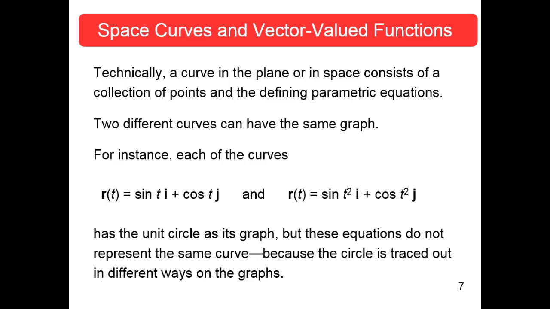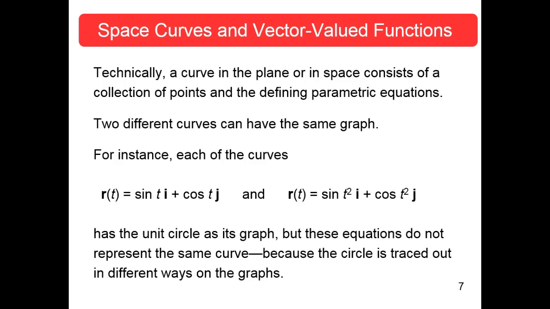Well, this one, sine of t squared i plus cosine of t squared j, is just a different rate at which it goes around. When t is 0, you start out at (0, 1). Then when t squared becomes pi halves, the sine is at 1 and the cosine is at 0.